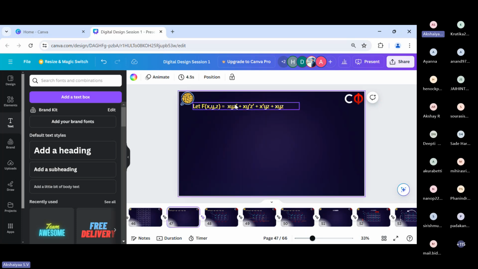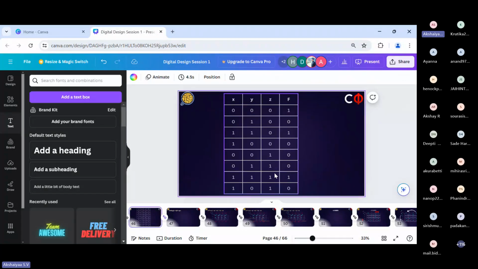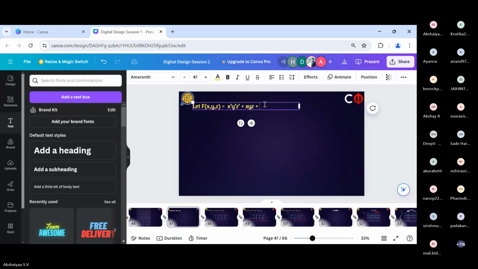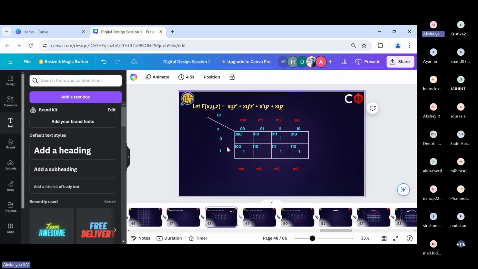So what's the new function which we have? It's going to be x prime, y prime, z prime plus x, y, z plus, what was the third thing which we had? We had x, y, z prime. So this is the new function which we are having. I'll go and change this part.